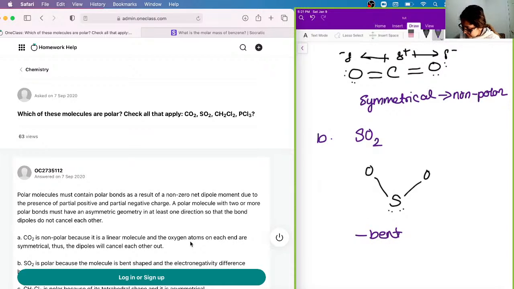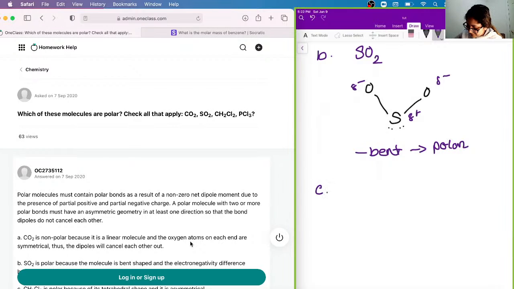And so this is polar. It is a bent shape, and the electronegativity difference between sulfur and oxygen will create a net dipole. So since it's bent, it will create a net dipole.